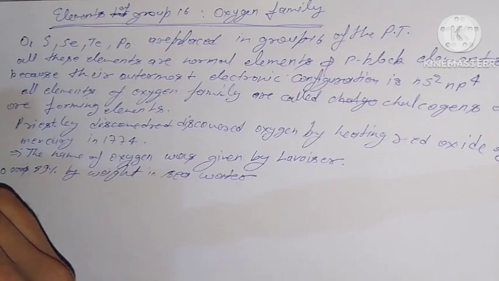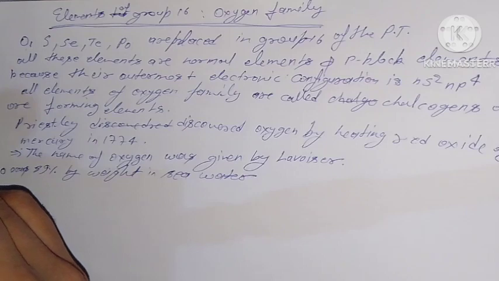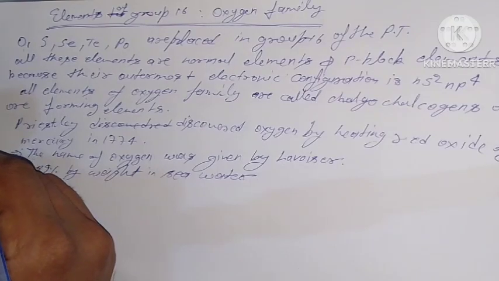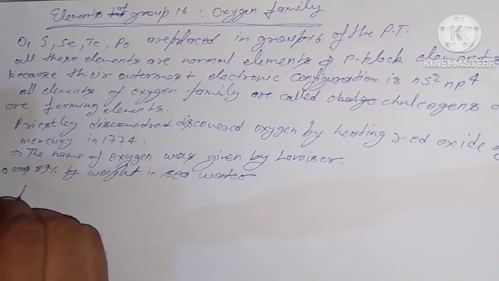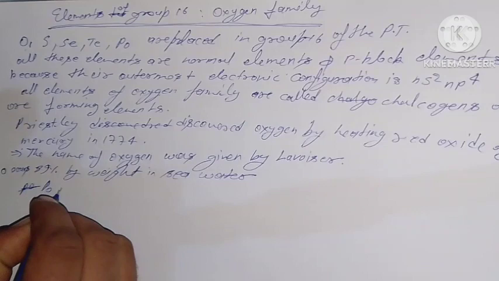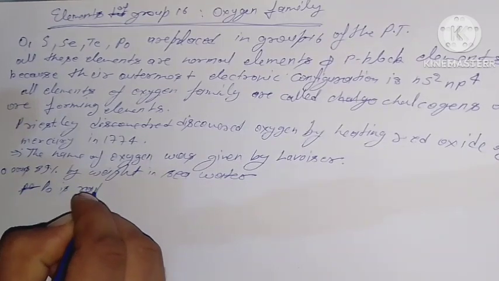Selenium, tellurium, and polonium are found respectively in 10 to the power minus 7, 10 to the power minus 7, and 10 to the power minus 14 percent. Polonium is radioactive.